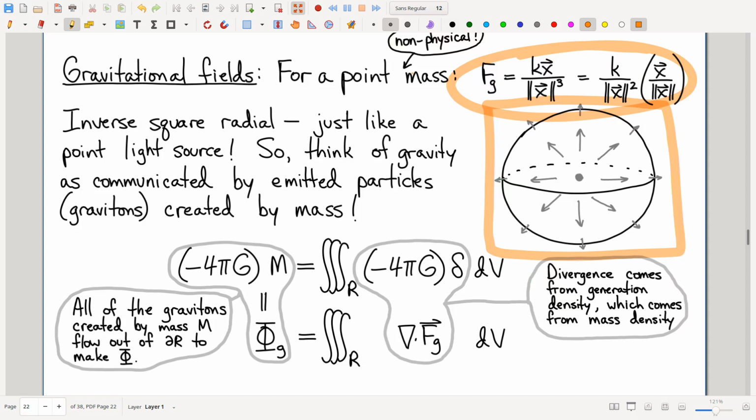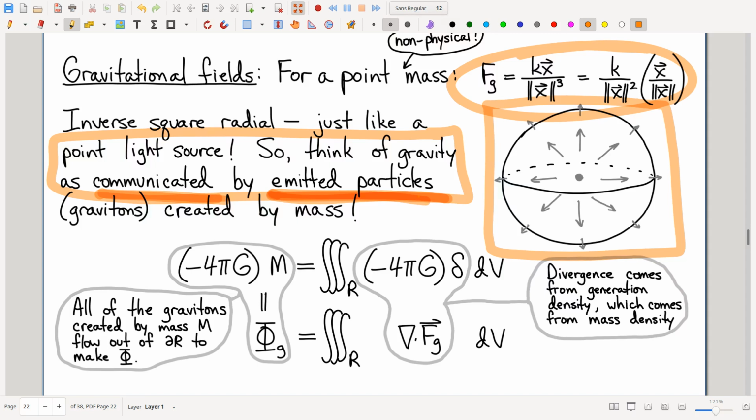That gravity is some force that pulls us downward, right? The algebra, the vector field, and how we write it would be exactly the same if gravity were actually communicated by little photon-like particles that shoot out, not of light bulbs, but of mass.